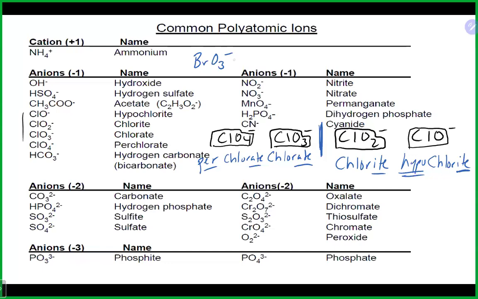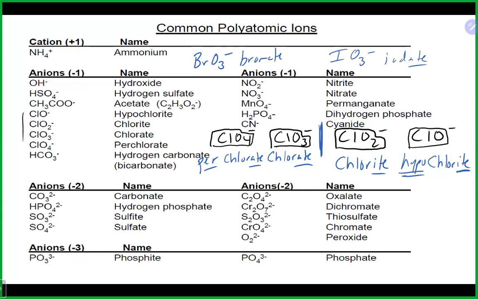So this would be bromate. If you swapped it out for an iodine, instead of bromate or chlorate, this would be iodate for iodine. So with those kind of groups of 4, you could actually swap it out, anybody in the halogen there, and it's basically kind of named the same way along the way.